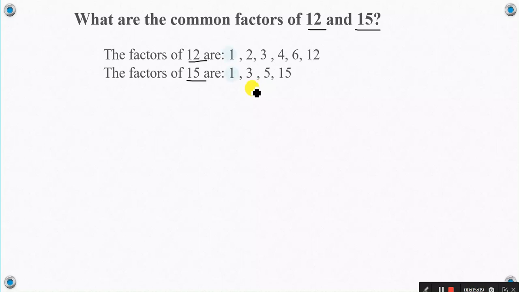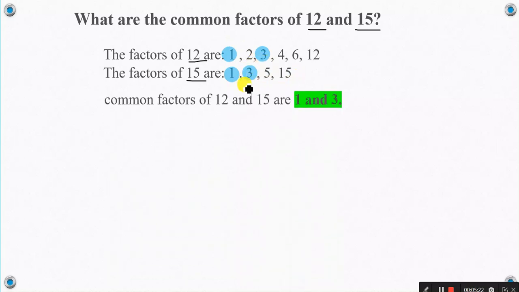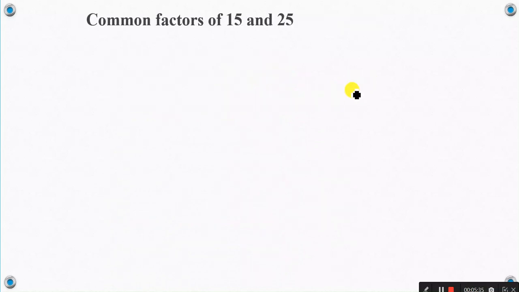As we see, 1 is a common factor for all numbers. 3 is found in both, so the common factors of 12 and 15 are 1 and 3. From this, 3 is the greatest common factor. We see this for the future.